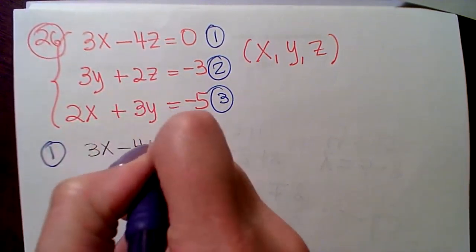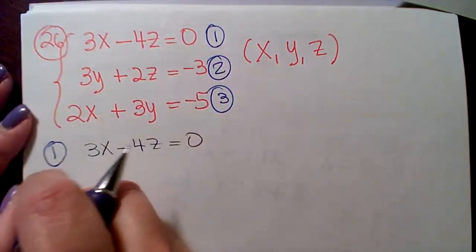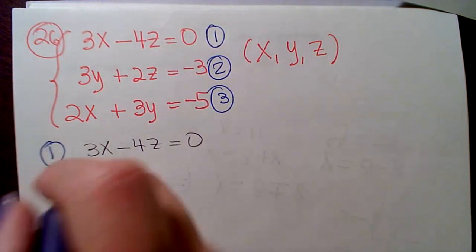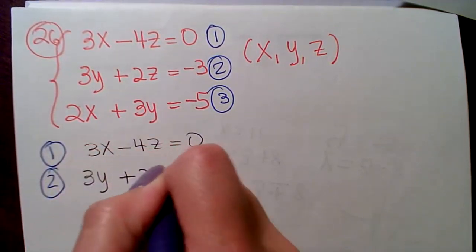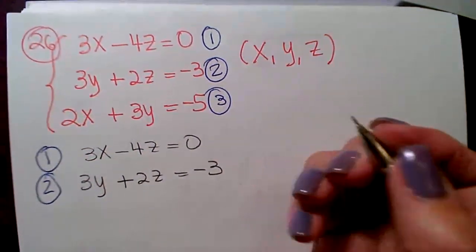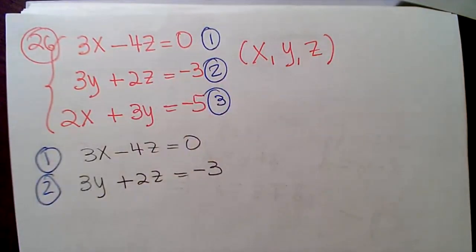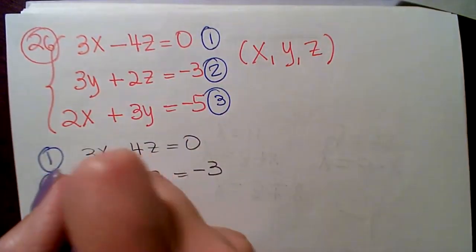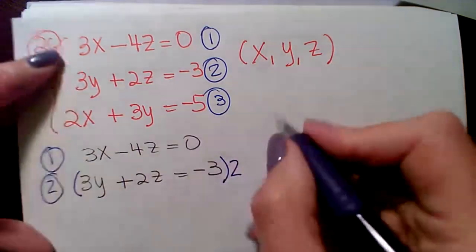One is 3x minus 4z equals 0. And 2 is 3y plus 2z equals negative 3. Okay, so if I want to eliminate the z, I'm going to have to multiply this one by 2. So let's do it.